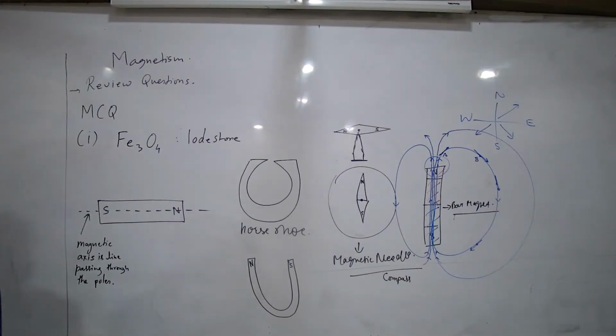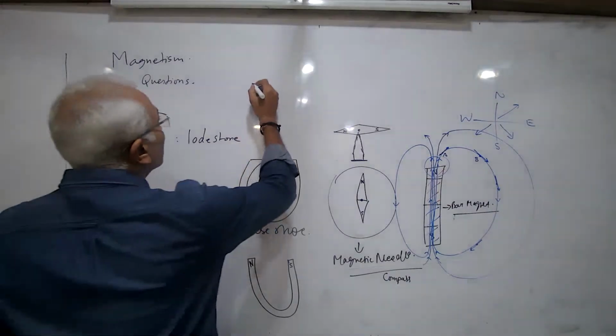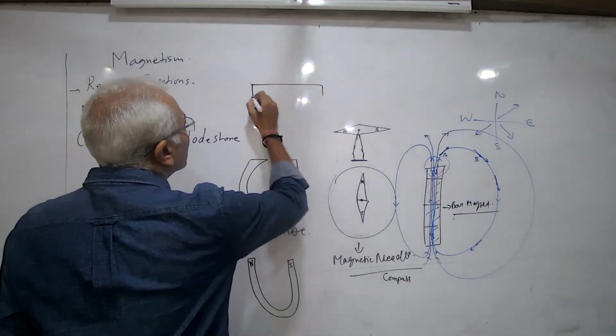So you can draw it on both sides along the length of the magnet. You can repeat this process on both sides of the magnet, choosing the starting dot at different points. How can you start? Let's say you have placed the magnet like this.